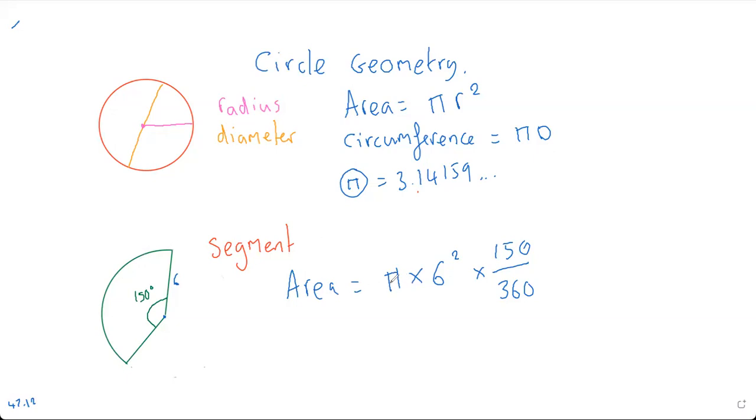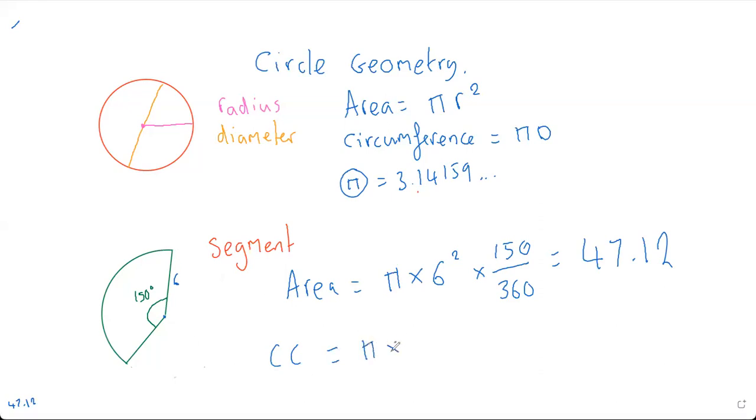So the area is pi r squared, as we've been through with this circle, but this 150 over 360 gives us the proportion of the full circle that it would be. Now this gives us an answer of 47.12.